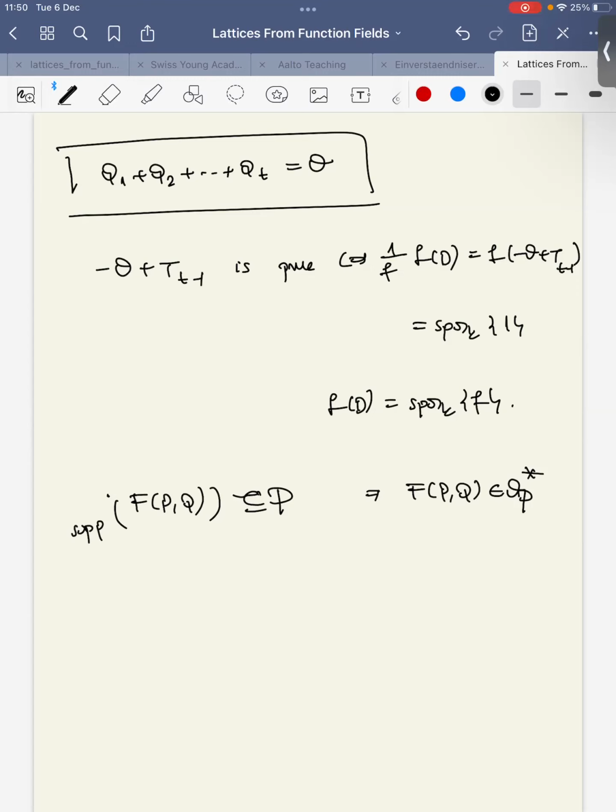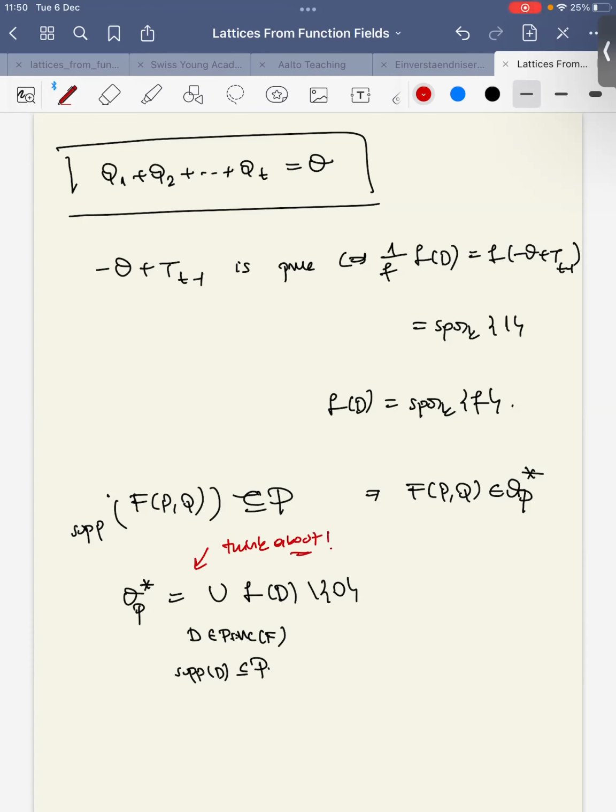And indeed, we can observe that this OP star is the union of the Riemann-Roch spaces L of D different from the zero vector, where D runs through all principal divisors with the support in P. Please think about this equality.